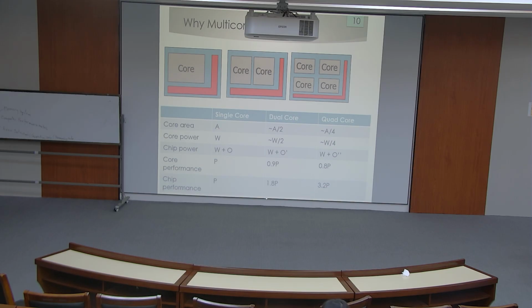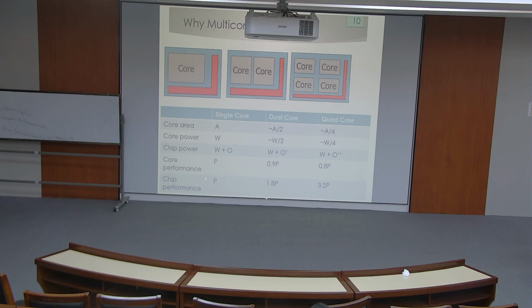For this technique, understand that the performance of each core in dual and quad is decreasing, as depicted by this table, whereas the performance of the chip is increasing because they come together to perform the same task. But since each core needs to have greater communication with the others, there might be some overhead communication or resource sharing.